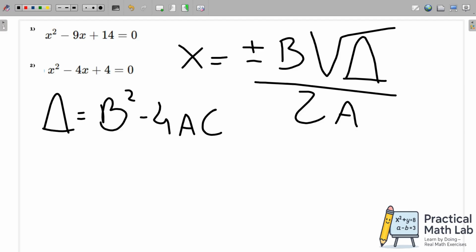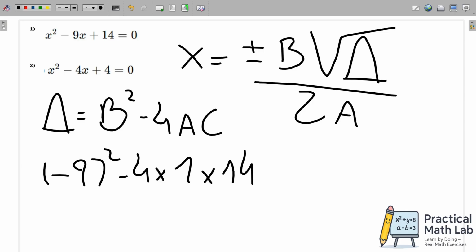Let's find delta first. B squared is minus 9 squared, minus 4 times a. Who is a here? 1. And c is 14, times 14. 9 squared is 81. 9 times 9, 81.